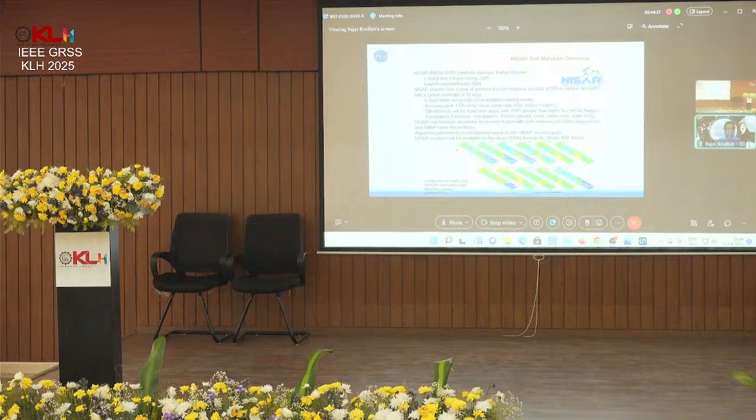And these are retrievals using one of the algorithms, and you can clearly see the precipitation dynamics over this large domain. This is about 30 kilometers wide and about 250 kilometers long. So it's a pretty big area.